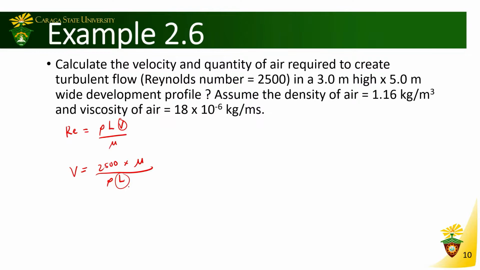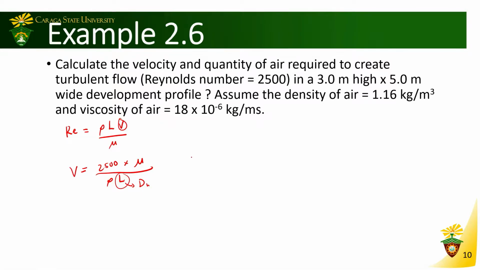We have discussed a while ago that the characteristic length can be expressed in terms of the hydraulic diameter for non-circular cross sections of ducts or airways. However, the characteristic dimension L for a circular cross section would just be its diameter.